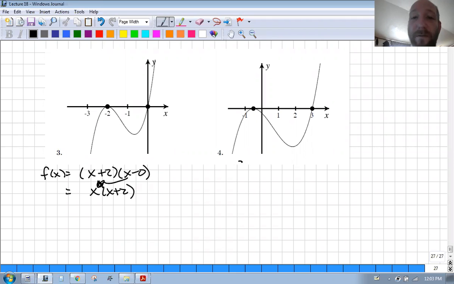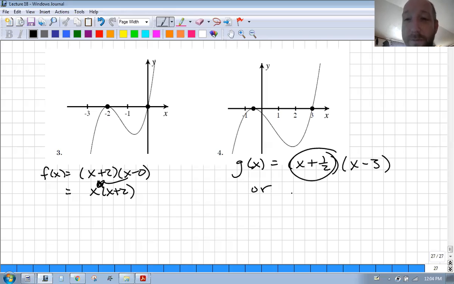Over here we have roots at, say, -1/2, so we'll do x minus a -1/2, and then x minus 3. That's a possible one. Or if I multiplied everything by 2, I could have 2x plus 1 times an x minus 3.